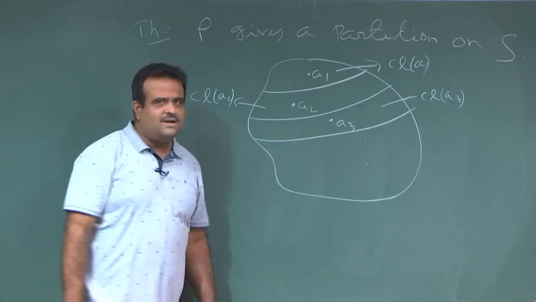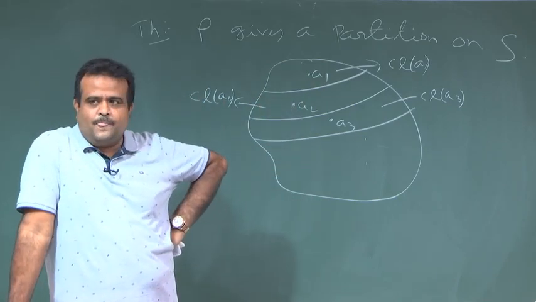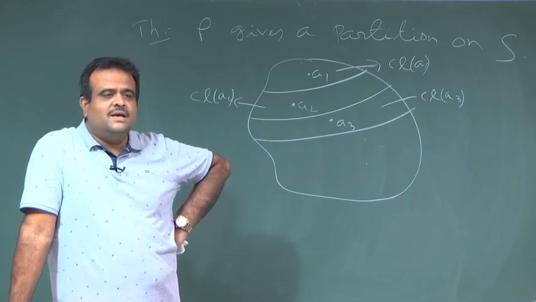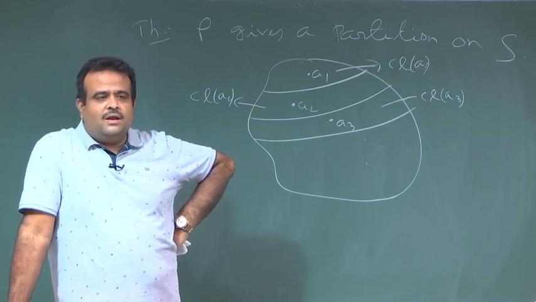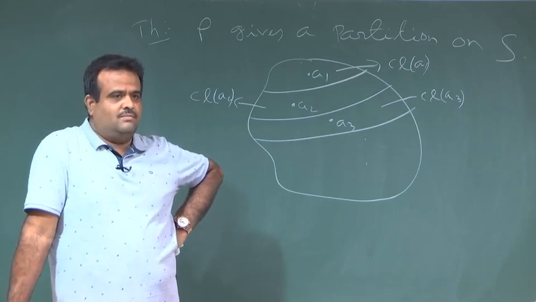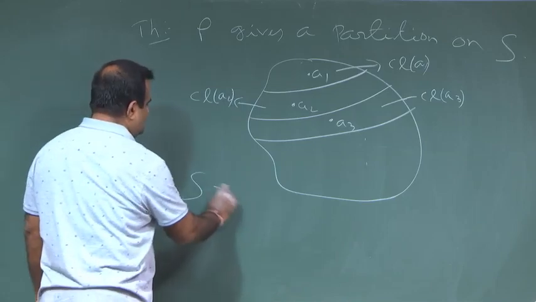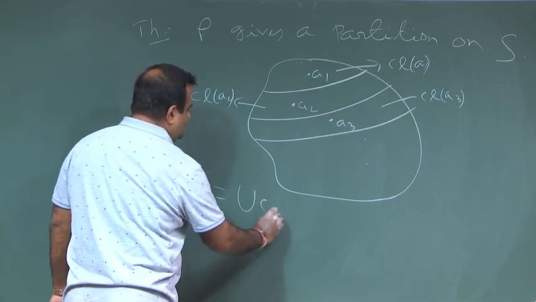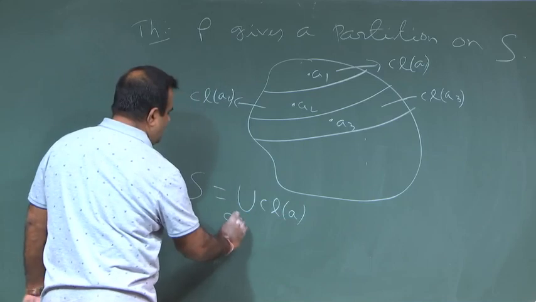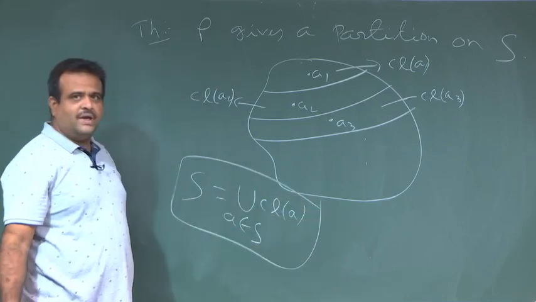And they are disjoint. So eventually they will give us a partition, because a partition is a collection of disjoint subsets whose union is the whole set. So, basically S can be written as the union of the classes of A, where A belongs to S. Okay.